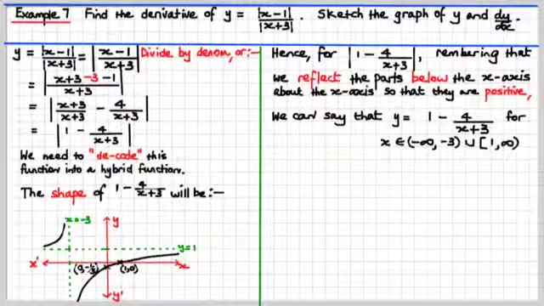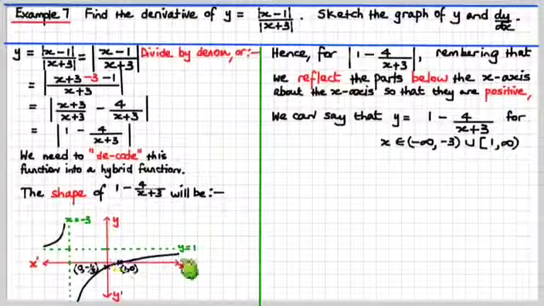Okay. Well, therefore we can say that y equals that thing, which was what we had in here, from minus infinity up to, but not including, the asymptote at x equals minus 3, or from 1, including 1, up to positive infinity, but leaving out this negative bit here.